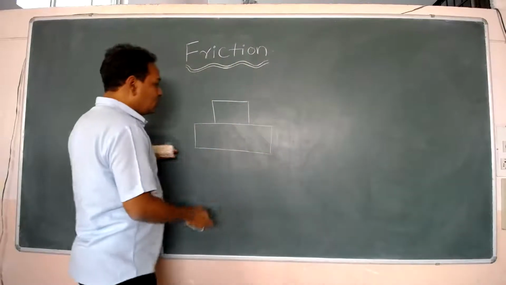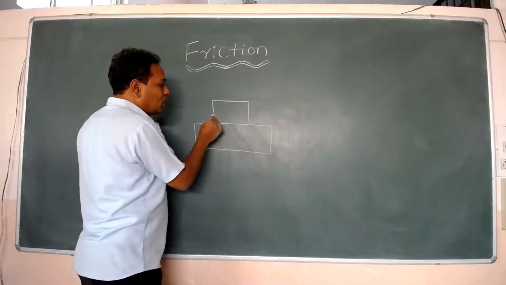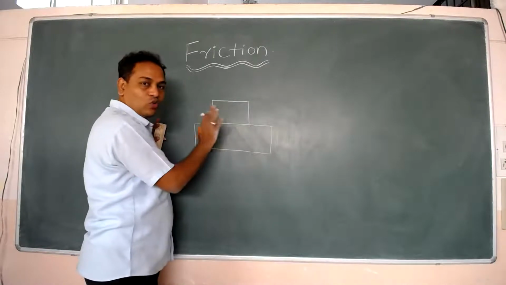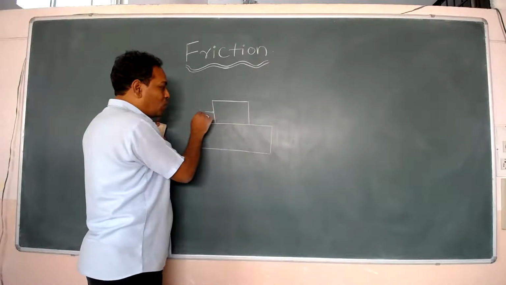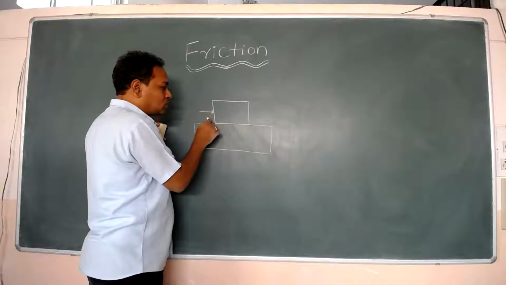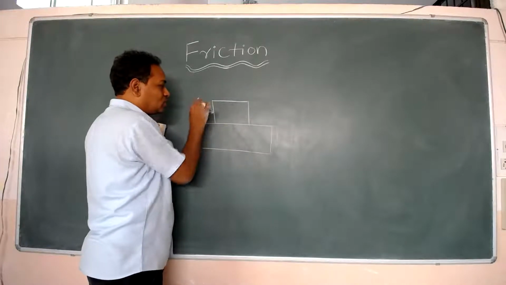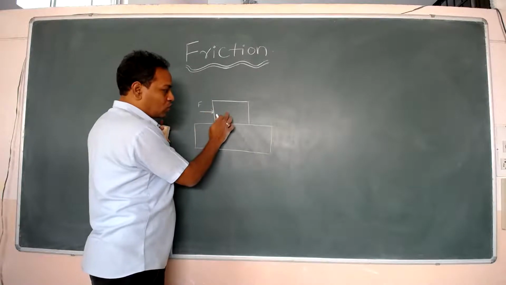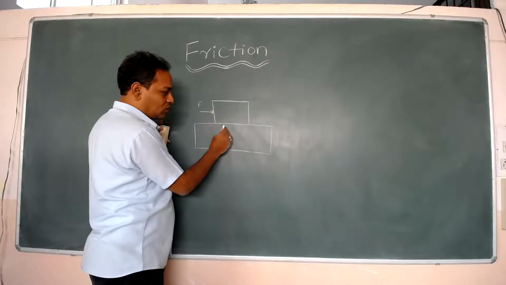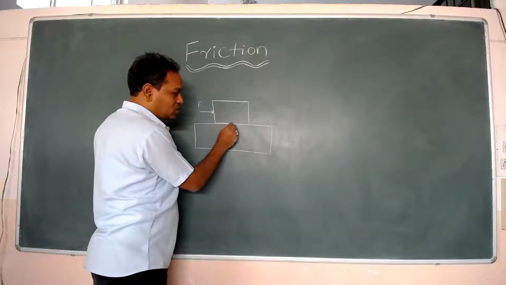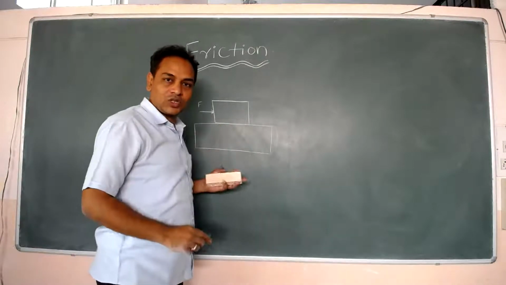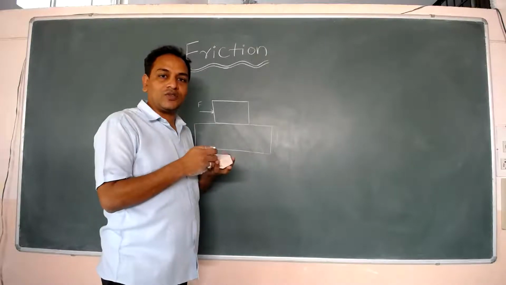Suppose I apply a small force such that the body is not moving. During that time, the molecules of this surface and the molecules of the other surface interact with each other, meaning they attract each other.